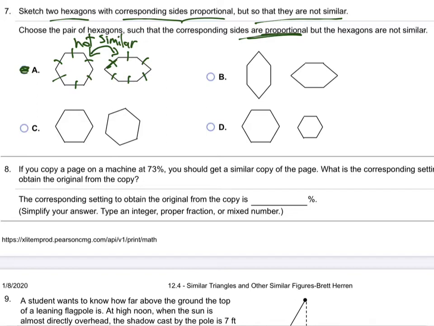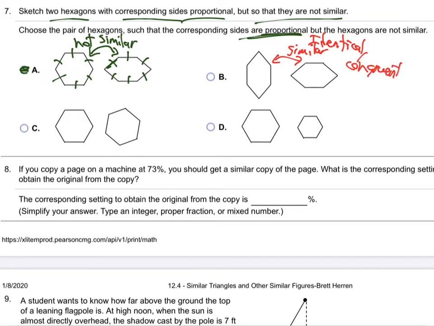Why are the other answers wrong? Well, let's take a look here. These two are actually similar, right? They're the same shape. They're congruent.